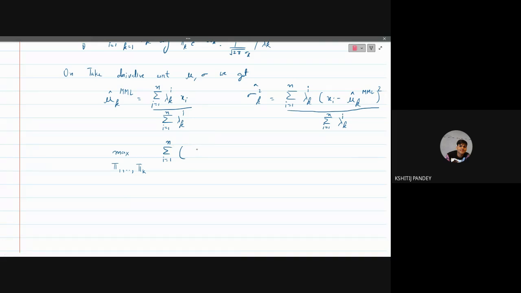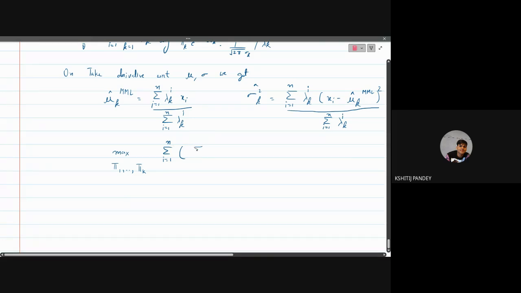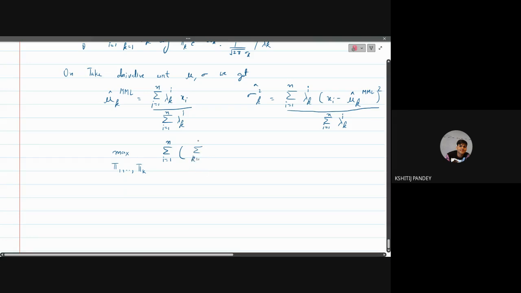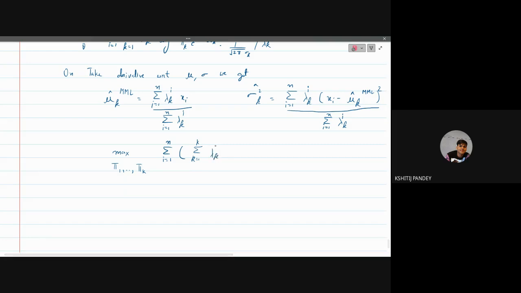So we maximize the summation over k from 1 to capital K of lambda ki log pi k.